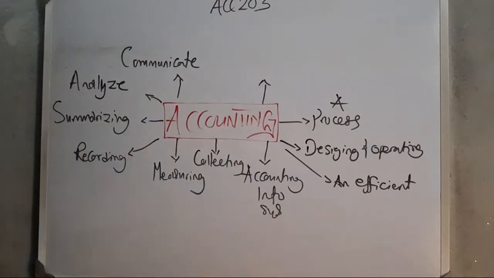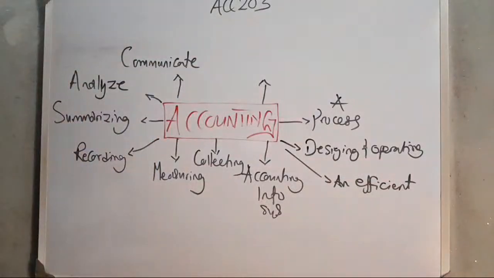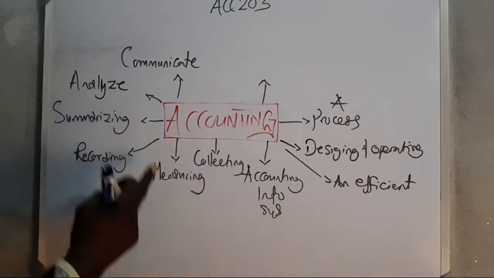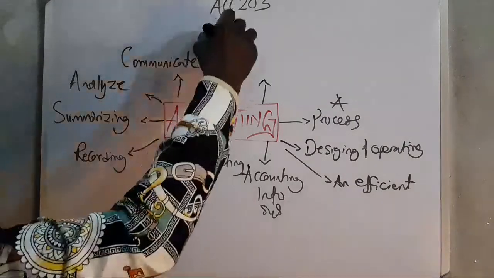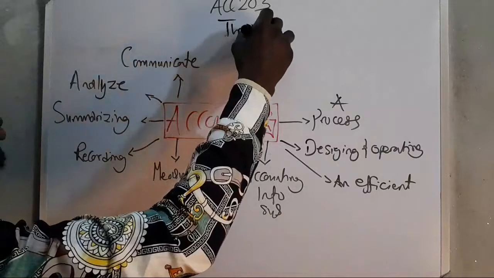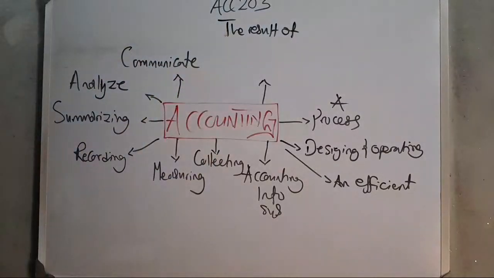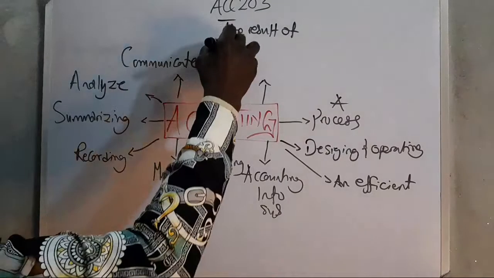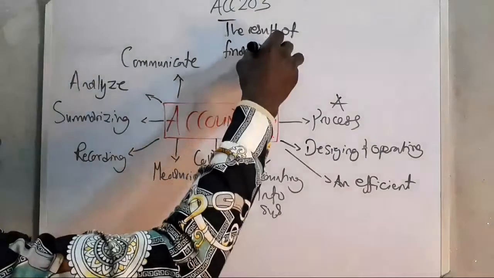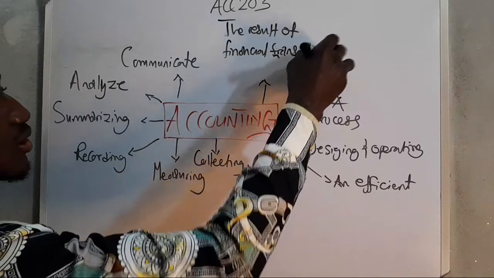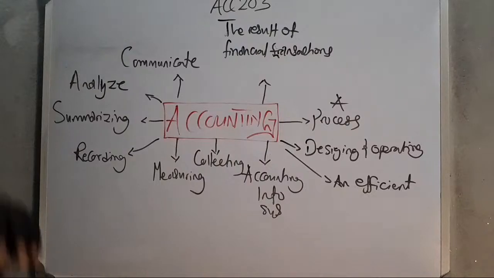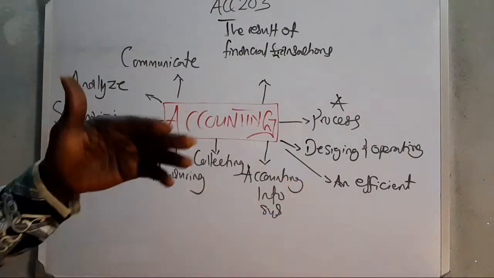All right, this system, why we need it to be effective is because it's going to require the collection, measuring, recording, summarizing, analyzing, and the communication of what we now regard as communicating the results of financial transactions, which is also time bound.